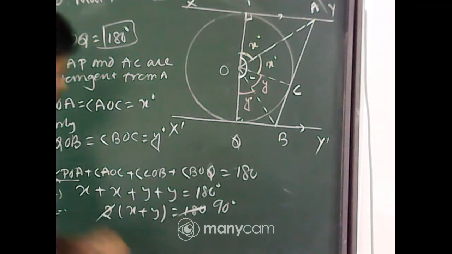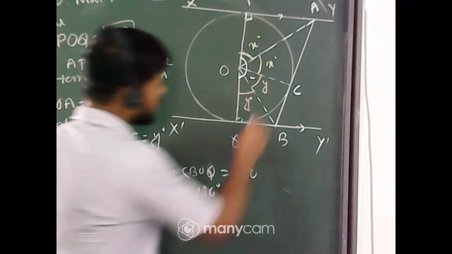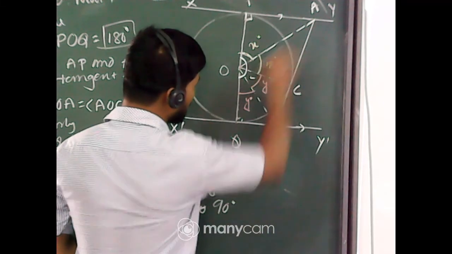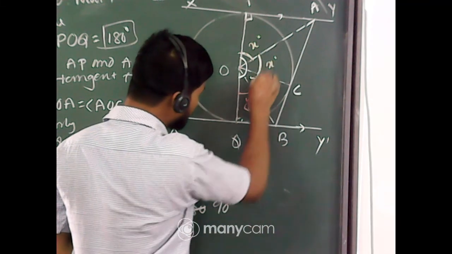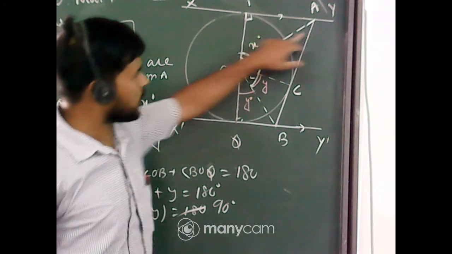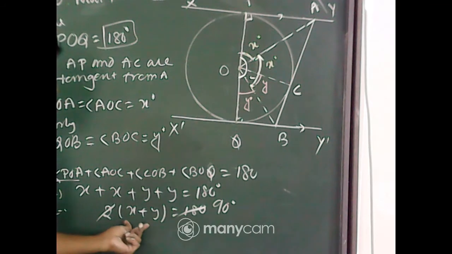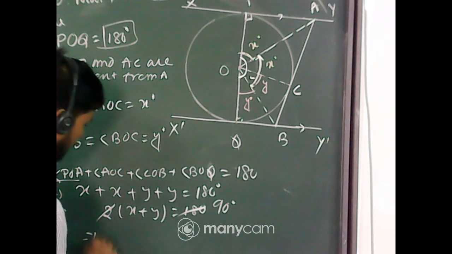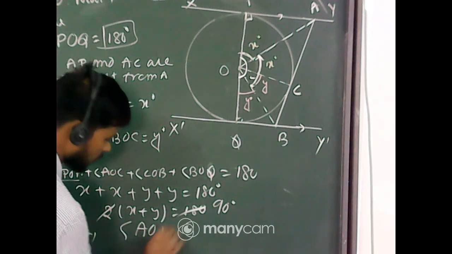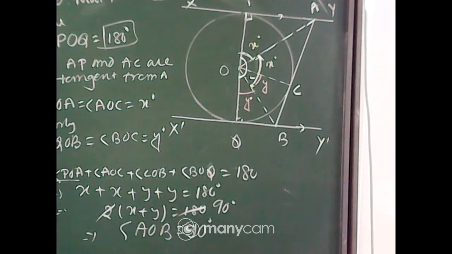Now from the diagram, what is x plus y? Can't you say that angle AOB is equal to x plus y? Angle AOB, this is x plus y. So in place of x plus y, we can write therefore angle AOB is equal to 90 degree.